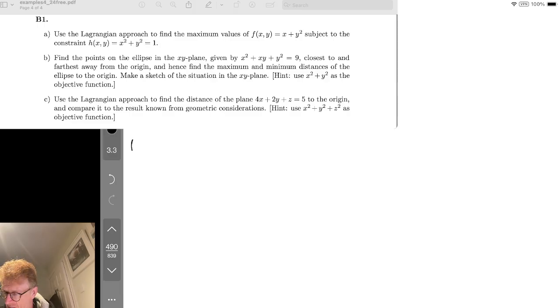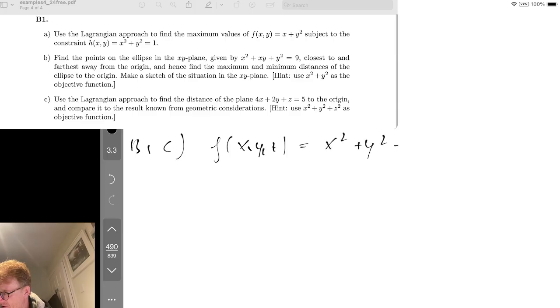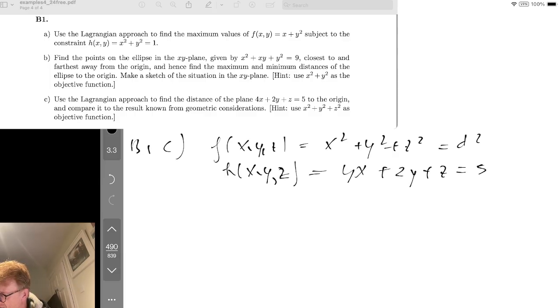B1C, where are we? Use the Lagrangian to find the point. Now the key is to use x, y, z. The target function is distance squared again, but it's a sphere. So there are level sets of spheres of different radius, and now you have as constraint function a plane with normal 4, 2, 1 is 5.